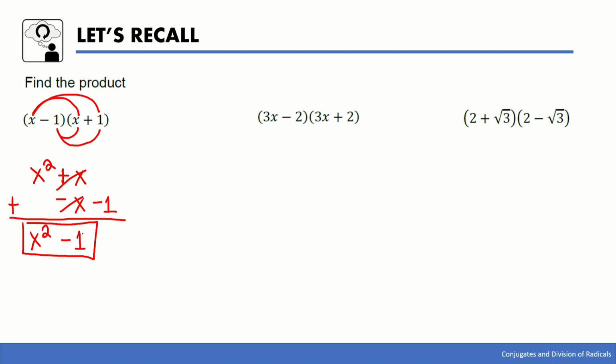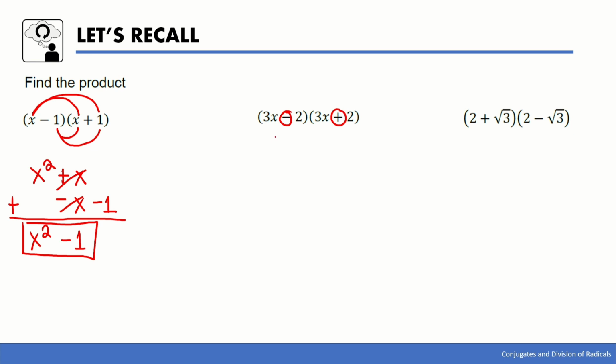Let's try to apply difference of squares in problem number 2. In order for us to get the product, we simply get the square of the first term minus the square of the second term. Remember, we can only apply that if the second terms are of different signs.